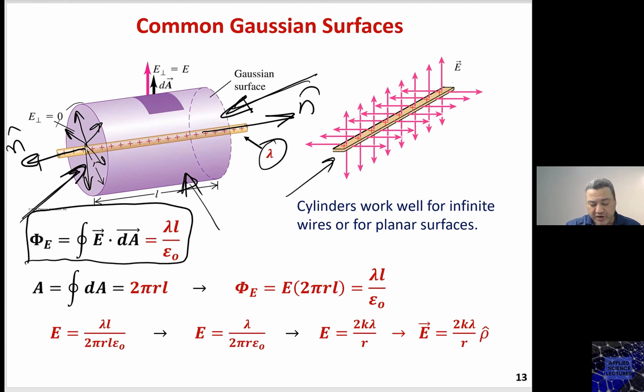So the total charge enclosed by this surface is this charge density times the length of this cylinder. Charge density times the length of the cylinder is the total charge enclosed by this Gaussian surface, divided by the epsilon naught that we talked about.